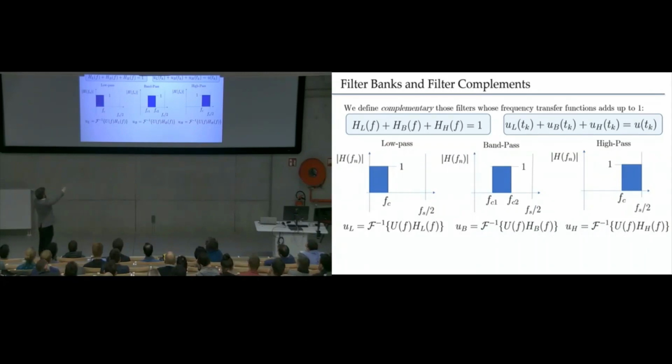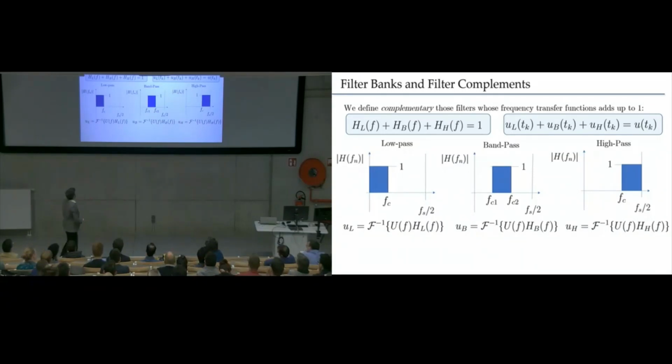And so if I can guarantee that this is going to happen, then I can guarantee that the three parts that you have identified when you have filtered the signal 3 times are going to add up to the signal that you originally had, okay?